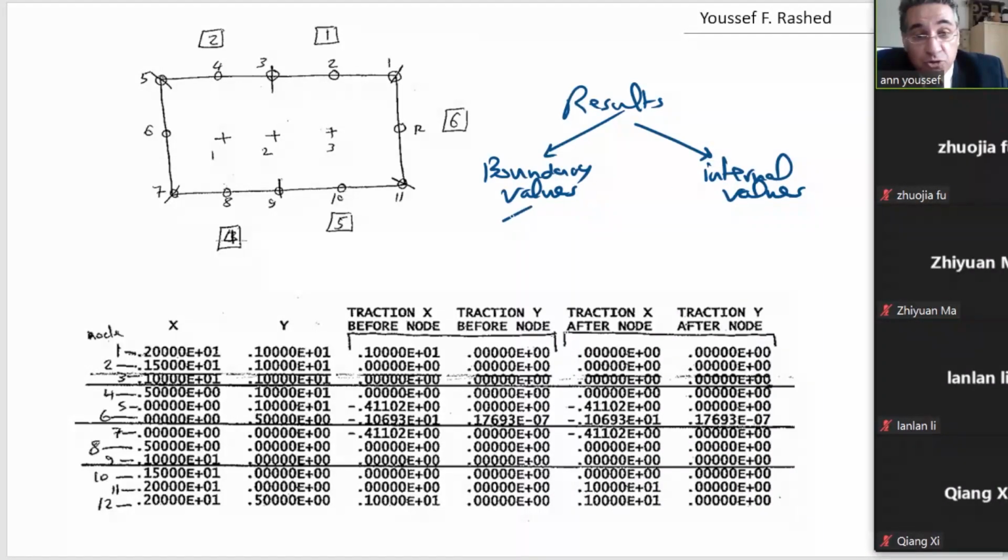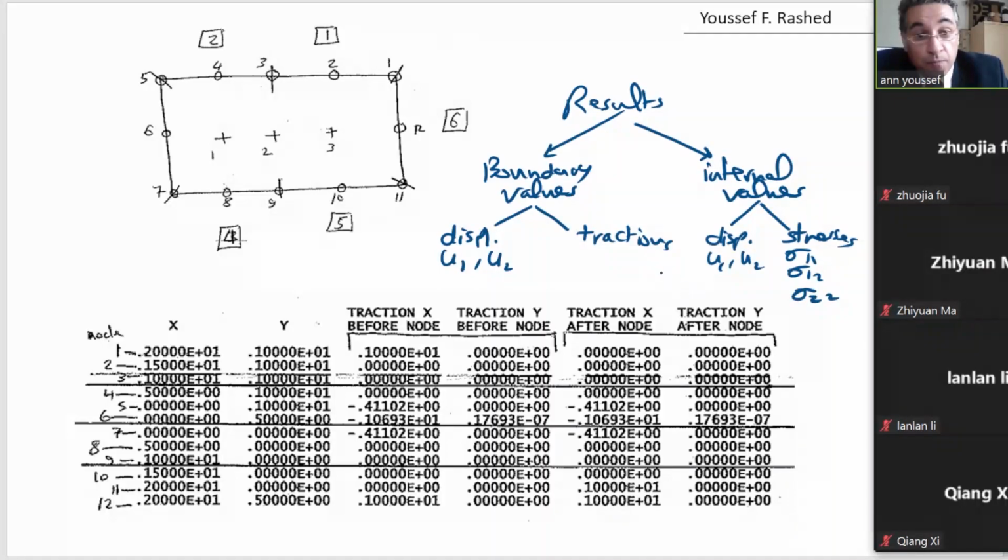In boundary values, we have two things: displacements, u1 and u2, and tractions. At the internal points, we will have displacements u1 and u2, and we have stresses sigma 11, sigma 12, sigma 22.